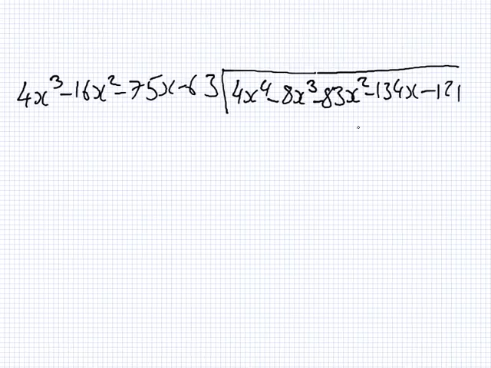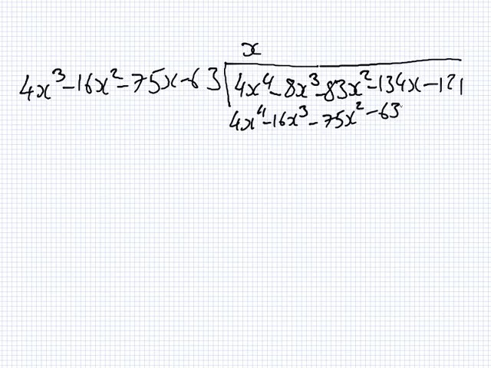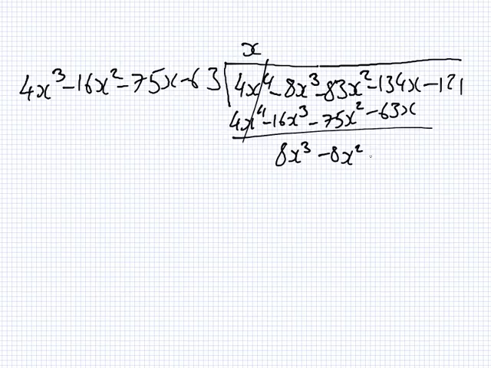Okay, let's divide this. That's an x. 4x to the fourth minus 16x cubed minus 75x squared minus 63x. Then 8x cubed minus 8x squared, right?